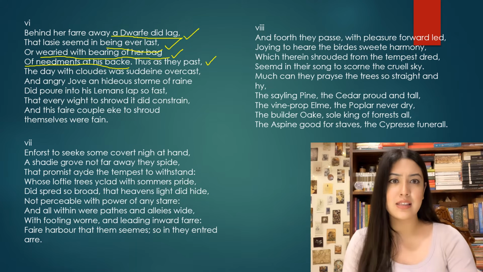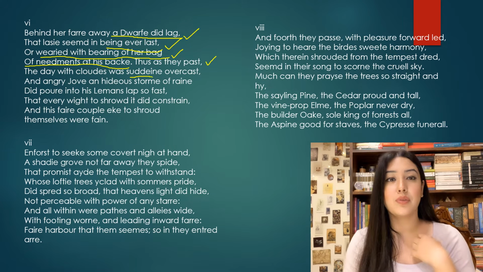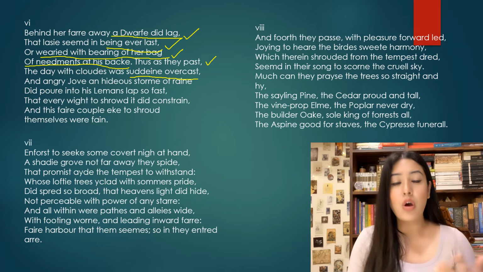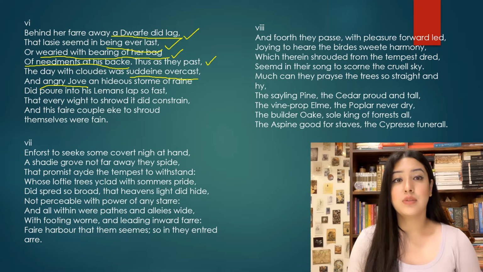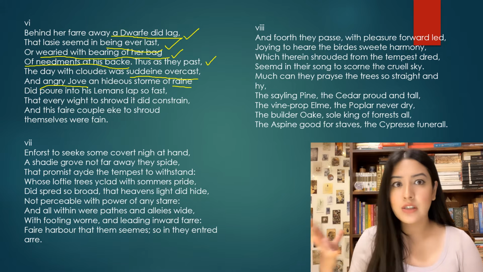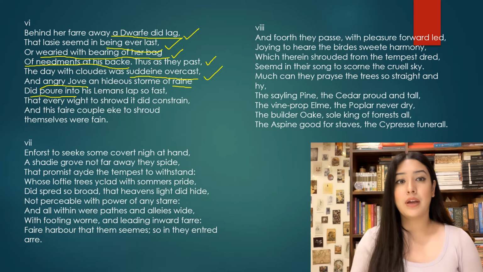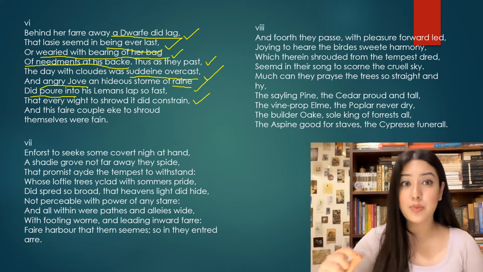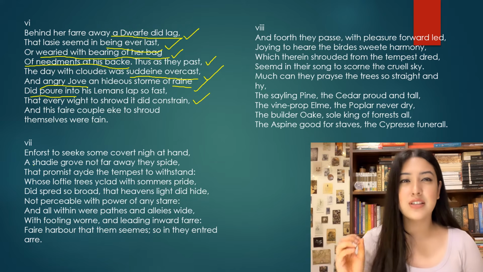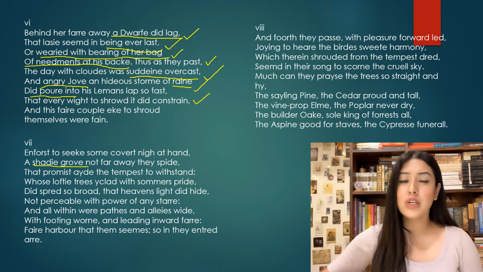Then it says that it was almost as if God Jupiter was so angry that a perfect day suddenly was overcast and torrential rain poured down, and they had to search for a shelter where they can hide. They wanted a place where they can take shelter from the rain, and that's where they see the forest, this dark shady grove where the trees were so high.